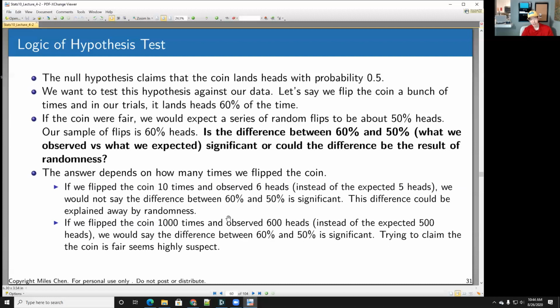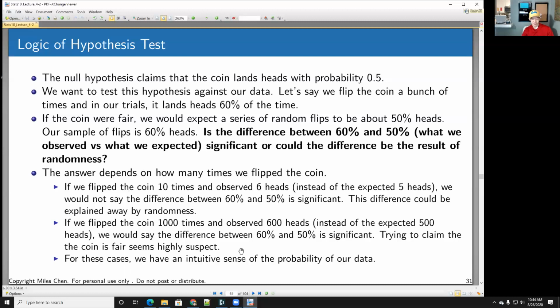Trying to claim that this coin is still a fair coin after it lands heads 600 times out of 1,000 would seem highly suspect. So we would say that we've got evidence that the coin is unfair.